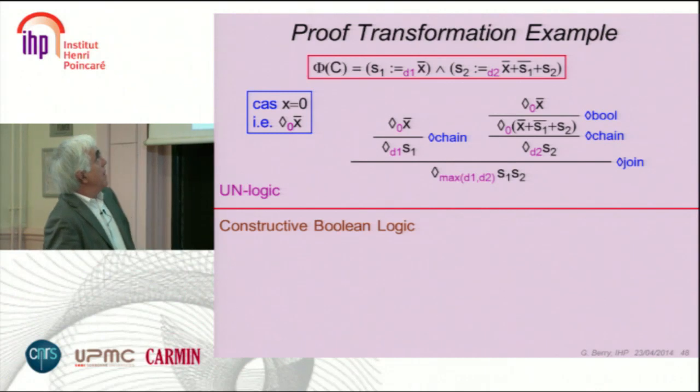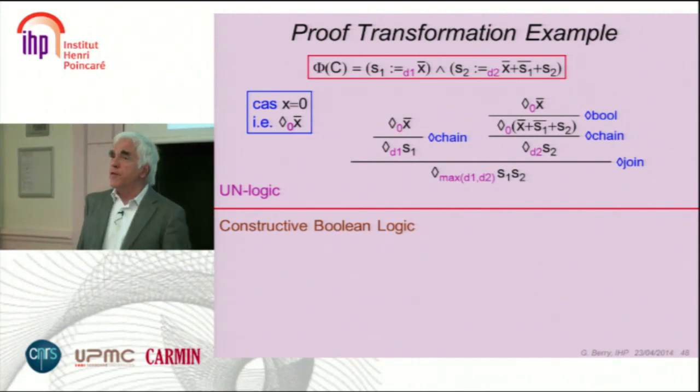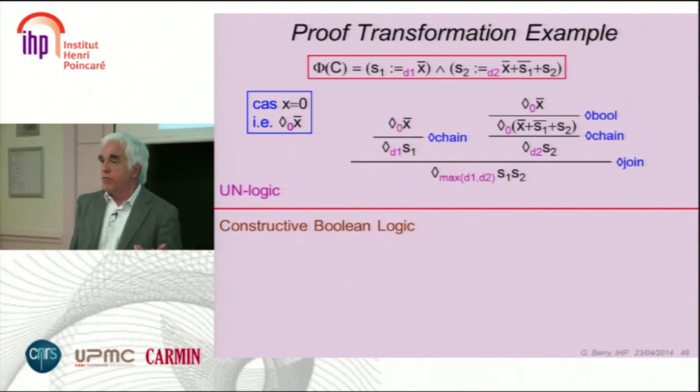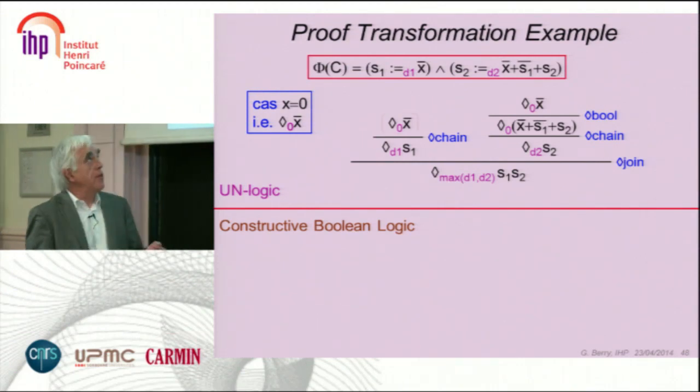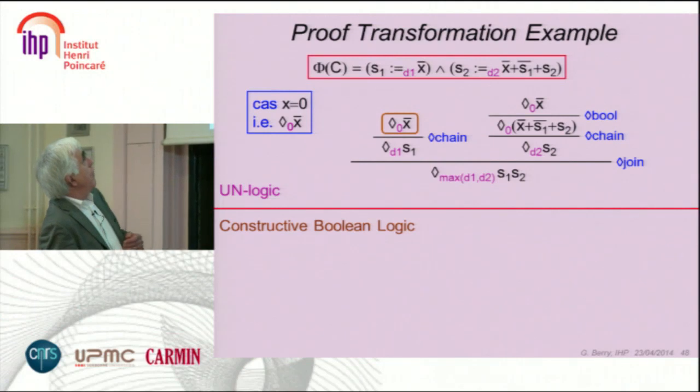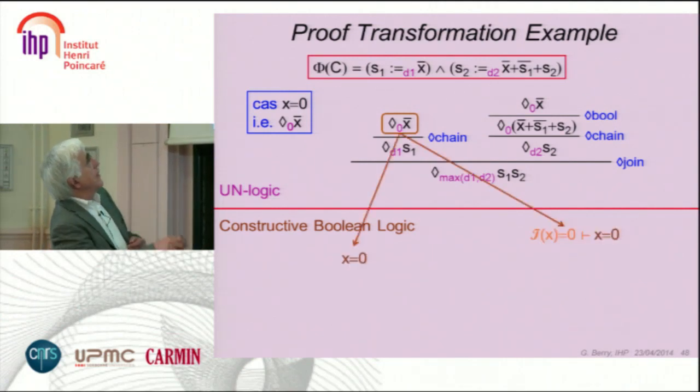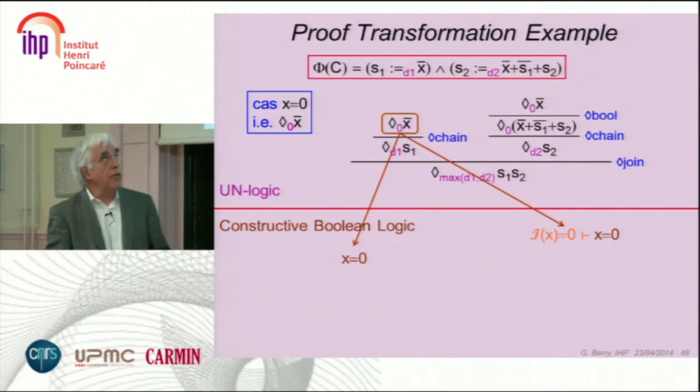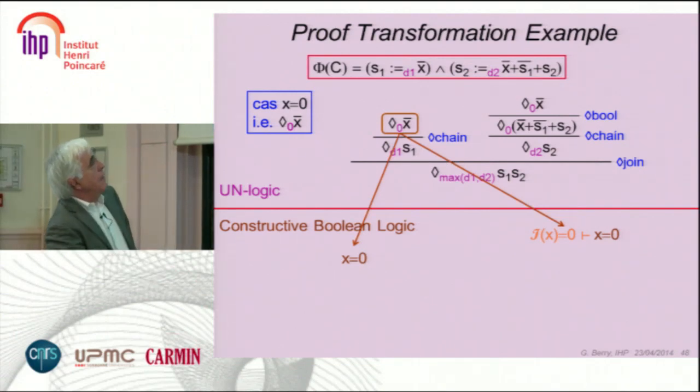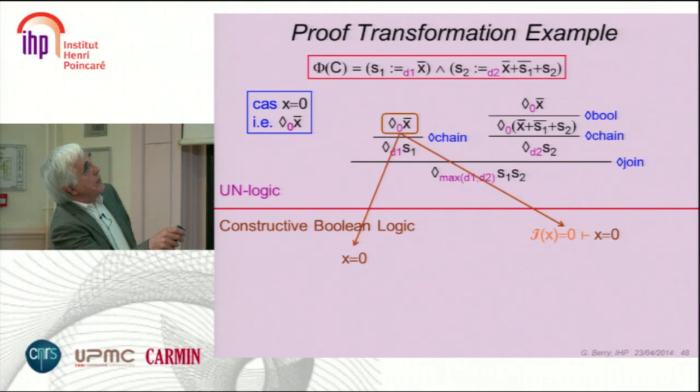Now you can transform this proof into a constructive Boolean logic proof. Trivially, just forget about delays and change the syntax a little bit, that's all. For example, you take this x is 0, you say x is 0. You forget about the delay here, and you copy it here the same way.